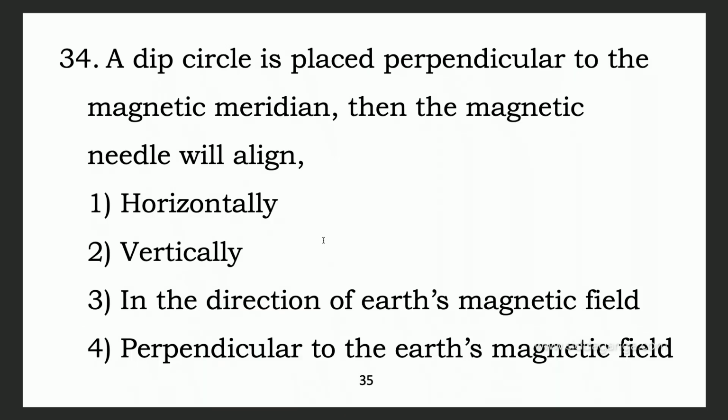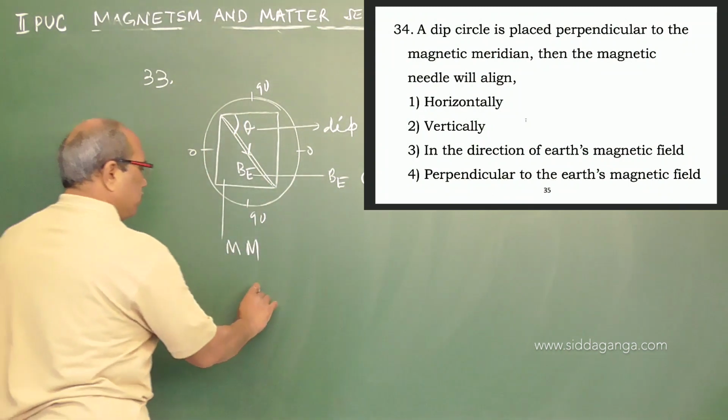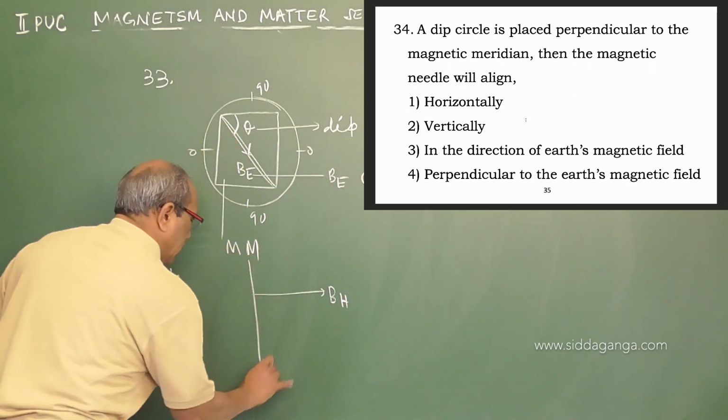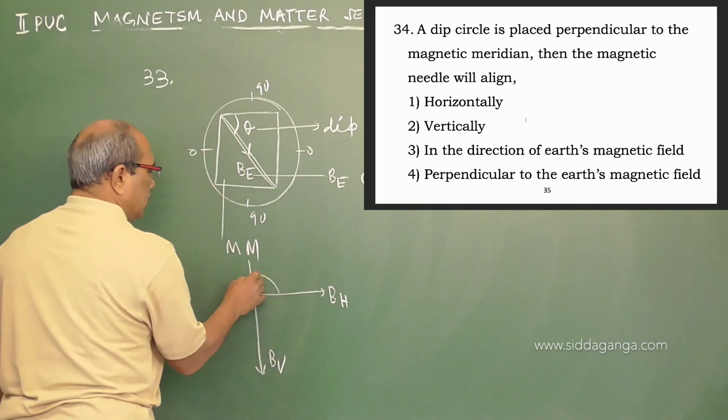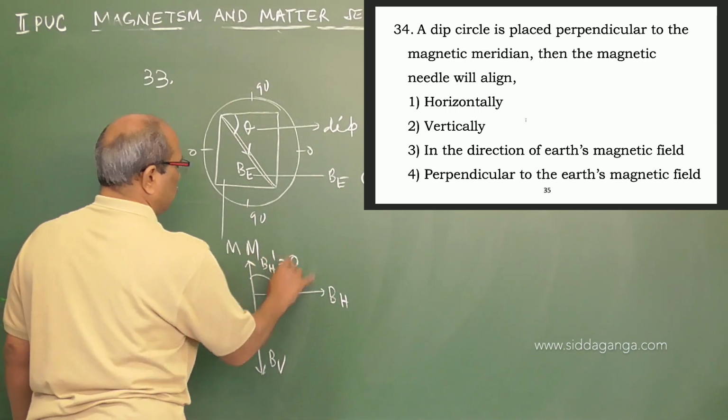A dip circle is placed perpendicular to the magnetic meridian. Then the magnetic needle will align vertically, in the direction of the earth's field. If it is turned by 90 degrees, the component BH dash becomes 0.